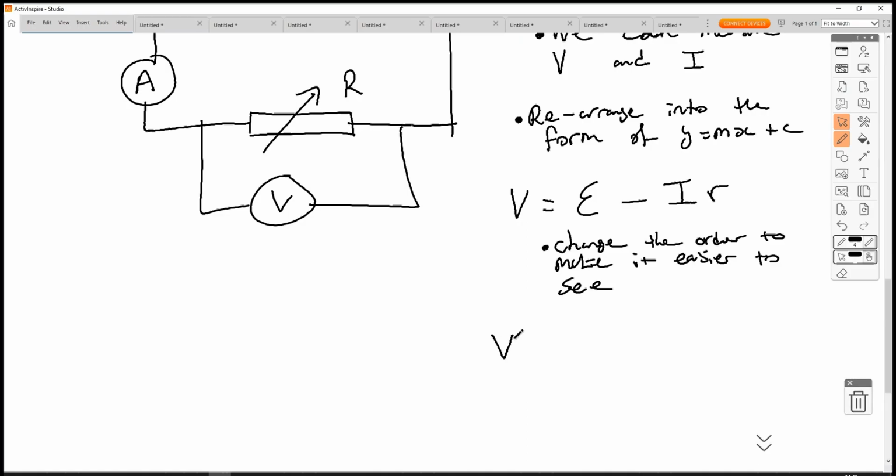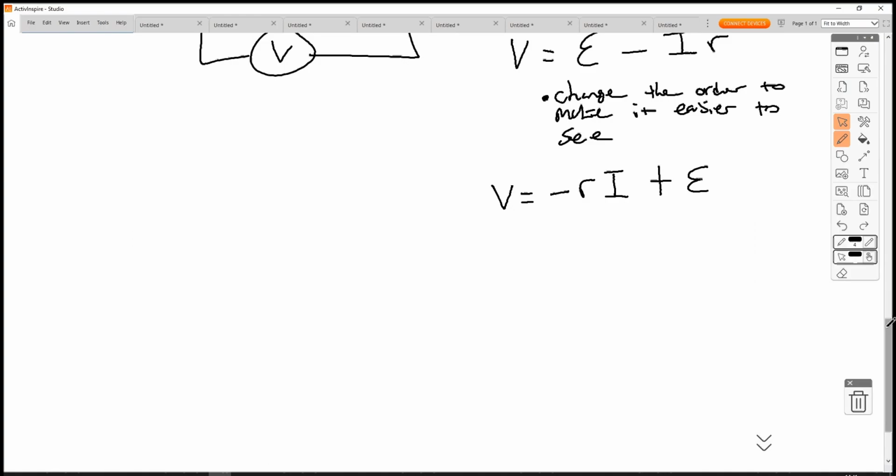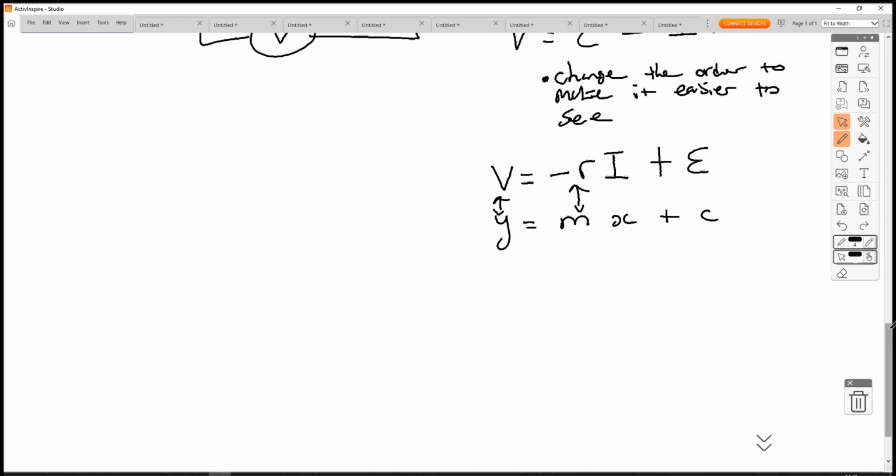I'm going to write it as V equals minus, I can put R first, R times I plus EMF. And underneath these, I'm going to write down what they mean. So you've got y equals mx plus c. That's our theory.